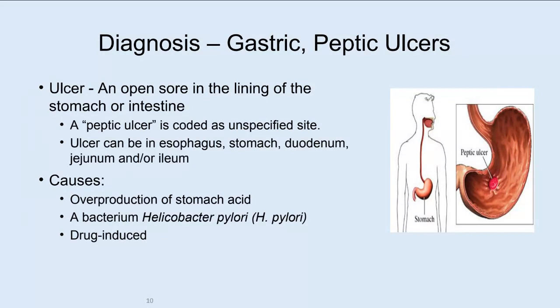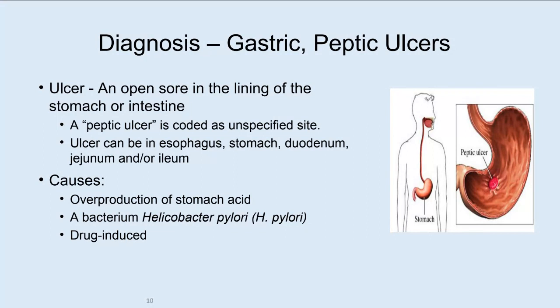A common area of confusion in coding ulcers is the use of the terms gastric ulcer and peptic ulcer. Many people assume that a peptic ulcer means the stomach, but we can't assume that. Remember, in coding, you don't want to assume unless the guidelines tell you you can assume. So we can't assume a peptic ulcer is in the stomach unless it's documented.